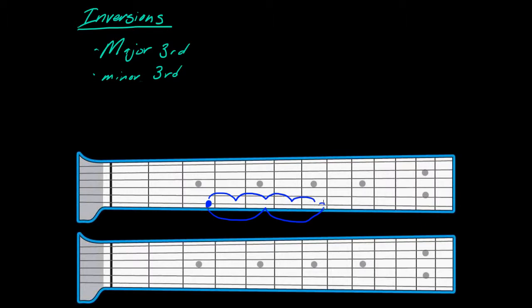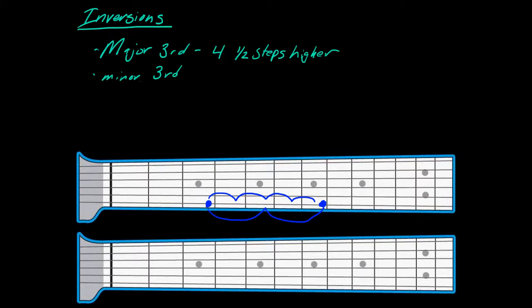Either way, it doesn't matter which way you want to label it, but I'm just going to go by half steps because it's easier to count by one. It's 4 half steps higher. Okay? So that's a major third from the root.